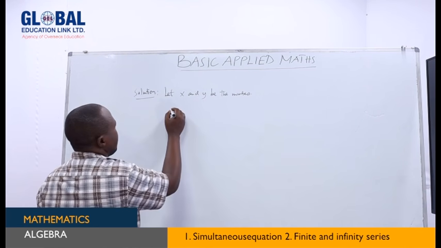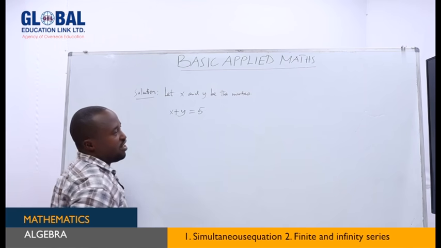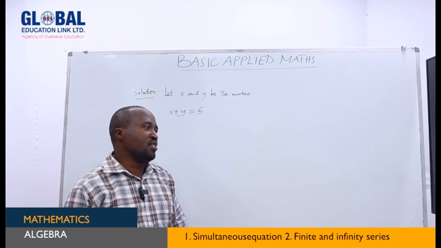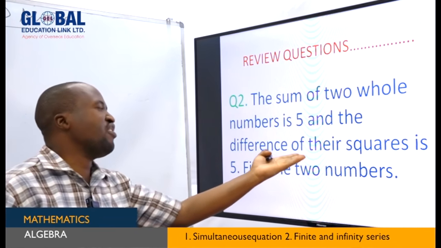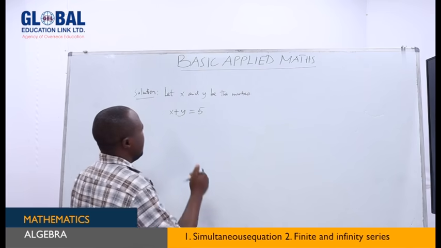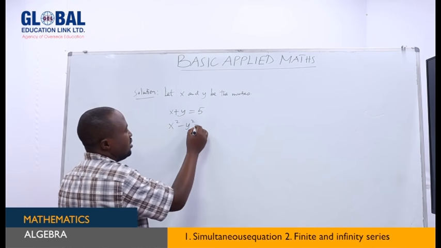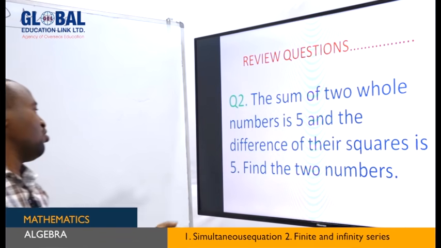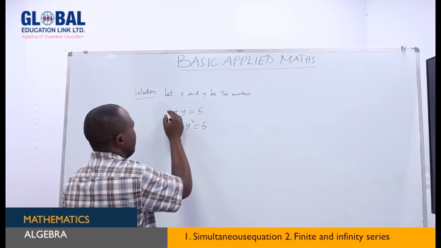So just say x plus y is equal to 5. That is the first expression. And the difference of their squares, that is x squared minus y squared, is equal to 5.